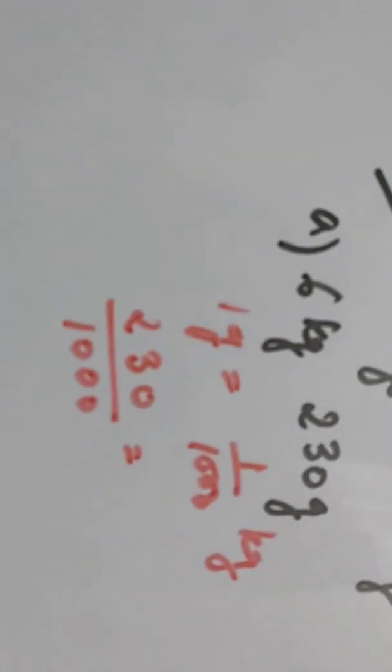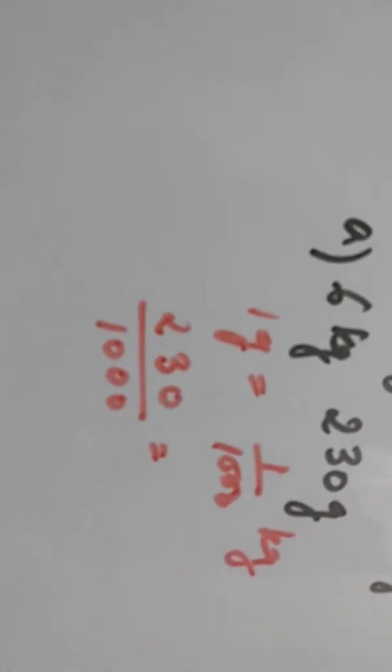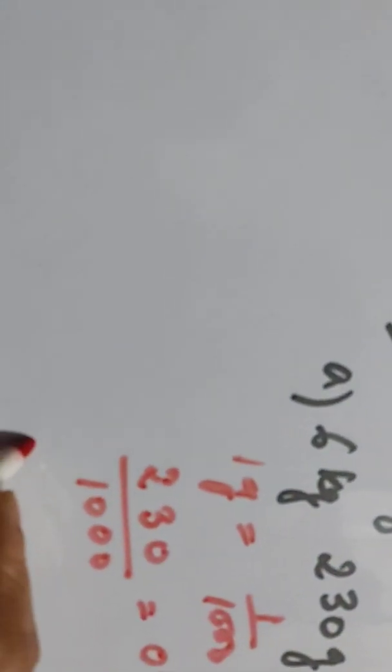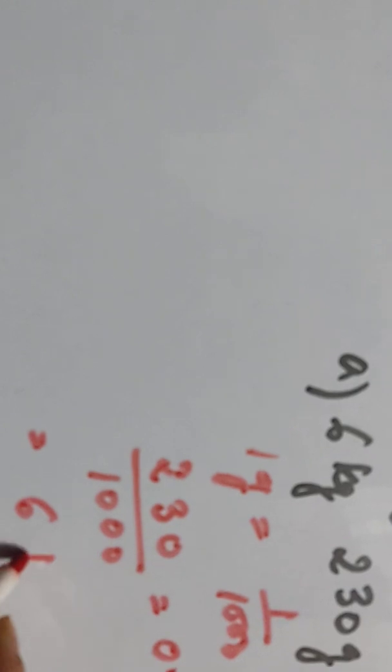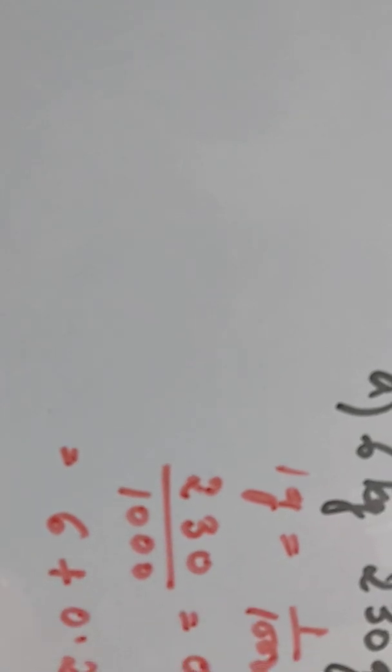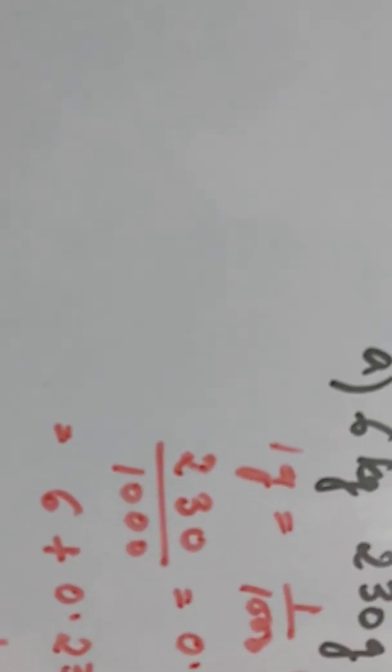You have to convert everything into decimal. We are dividing here, that means it is converting into decimal form. And this becomes 0.230 kg. Now this is kg and this is already kg. We are going to add it. So the answer is 6.23 kg.